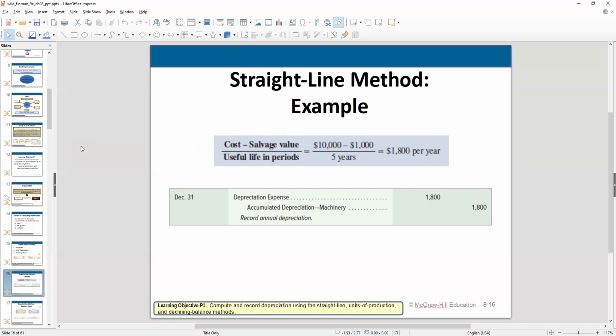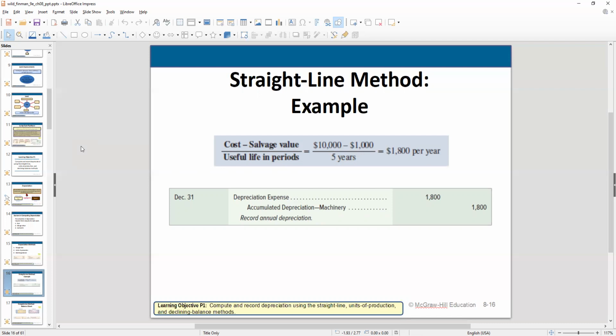So next, when we're determining the straight line method, we're going to take the cost minus the salvage value and divide it by the number of periods or years. In our first example, we're going to take $10,000, that's the acquisition cost. We're going to subtract out the salvage value of $1,000, and then divide that by 5 years.